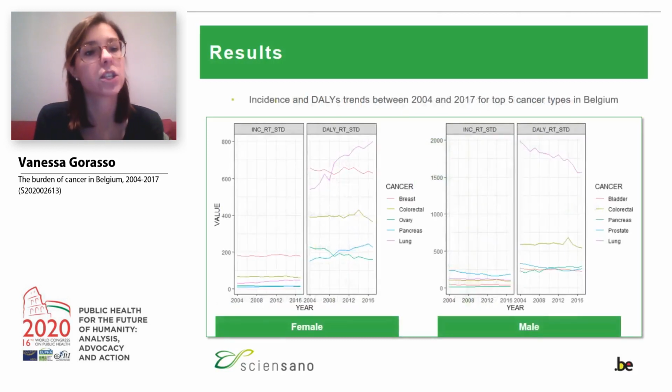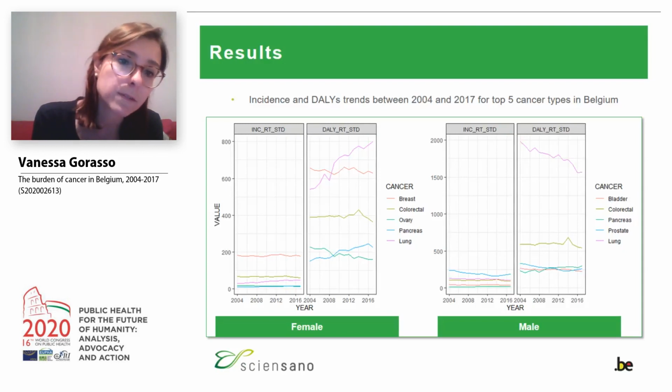In this slide you can see incidence and DALY trends between 2004 and 2017 for the top 5 cancer types in Belgium. We can firstly observe an opposite trend between sexes for the disability adjusted life years standardized rate for lung cancer.